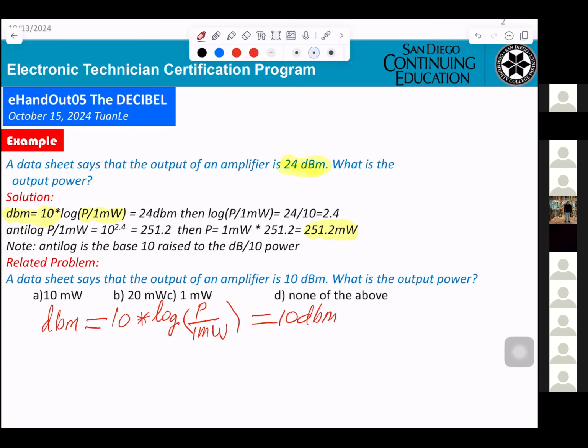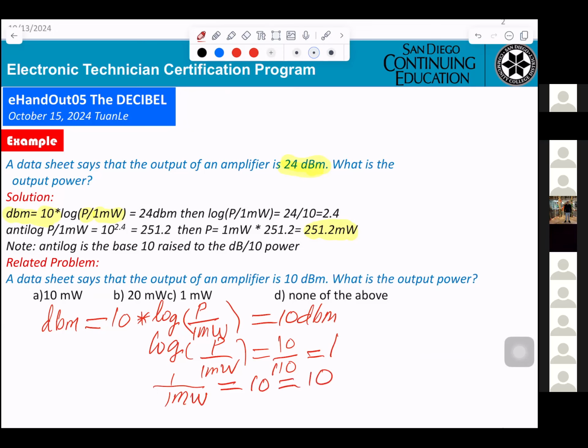Now you want log only. Log of P over 1 milliwatt equals 10 divided by 10, equals what? Anti-log, or remove the log.